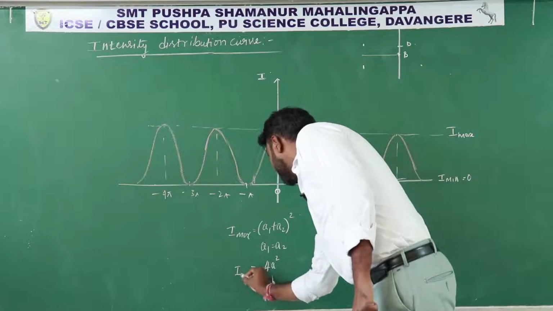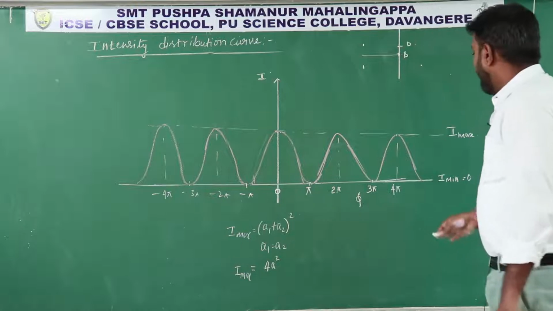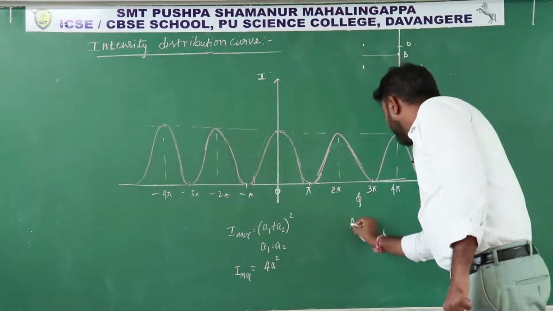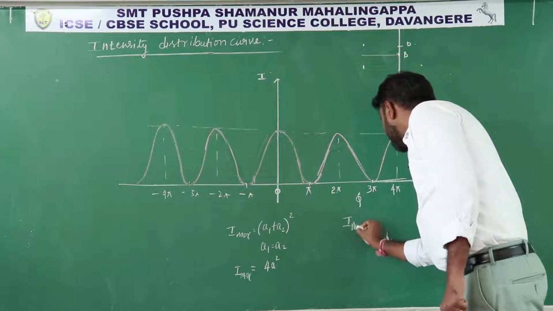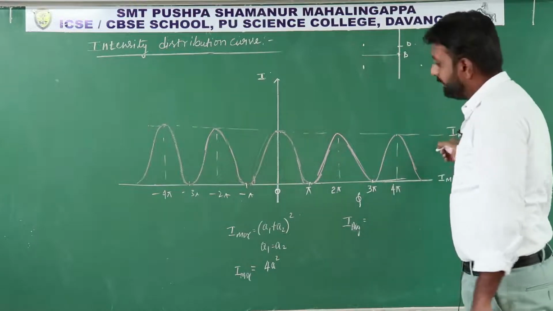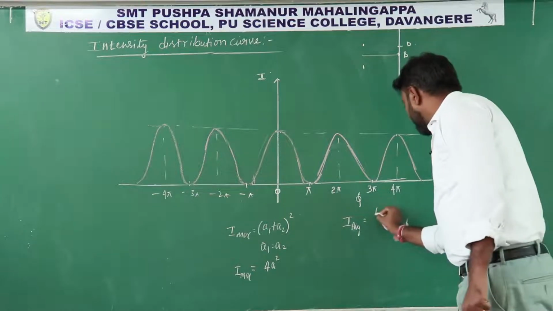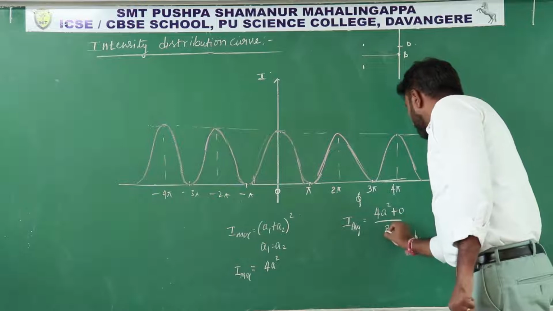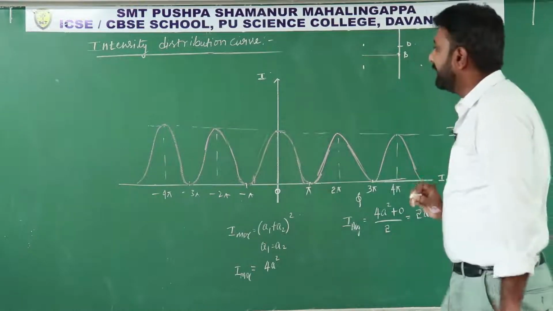This is the intensity maximum value, 4A square. And if I want to find the average intensity, I take intensity maximum plus intensity minimum by 2. That is, intensity maximum is 4A square, intensity minimum is 0, divided by 2, then you will get average intensity 2A square.